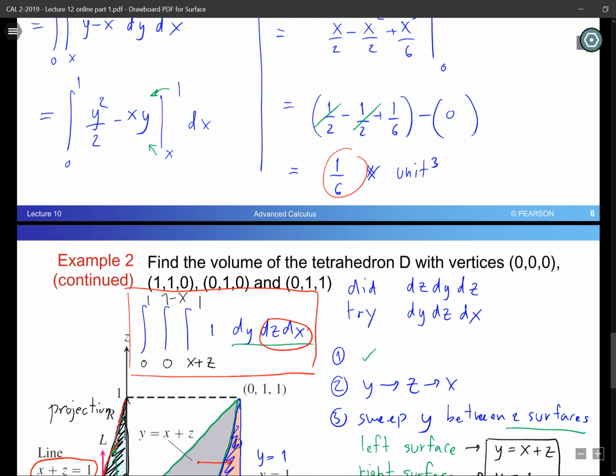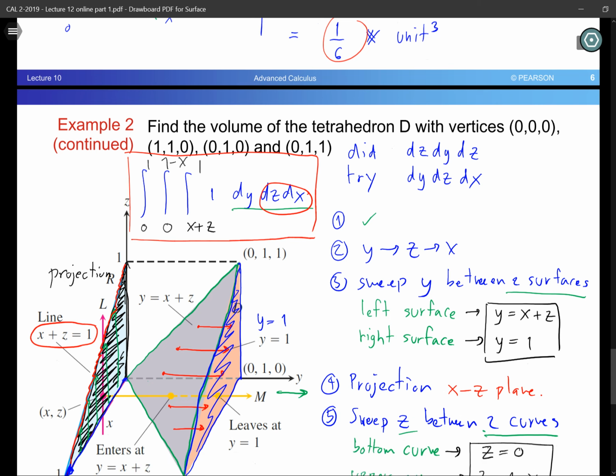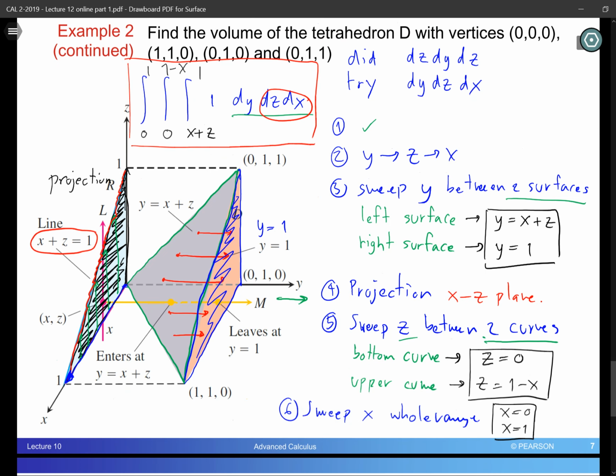I just let you know that when it comes to using a different order of integration, you have to change many things, and specifically how you look at the shape and how you determine the surface, the curve, the projection is, to me, totally different between the two cases. But using the same guideline, you can find them, no problem.